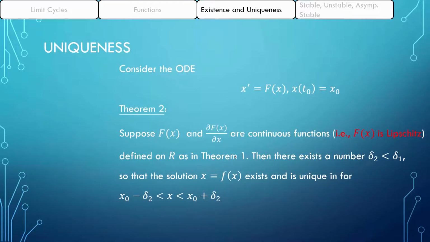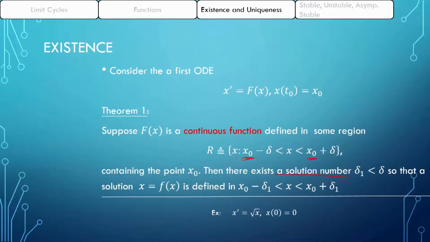Next, uniqueness. We want to see if the solution is unique. Unique means only one solution. The previous slides tell you a solution exists, but it could be one solution, two solutions. Let me give you an example first. Do you know what's the solution of this, given these initial conditions?